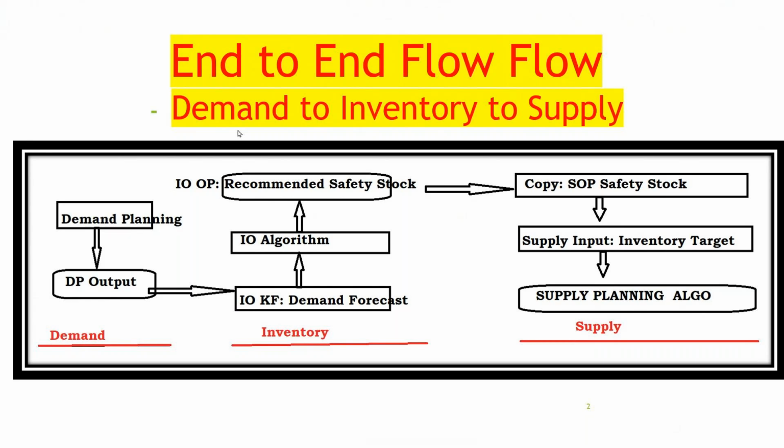One of the important outputs of the inventory module will be the recommended safety stock. Why do we need the safety stock? Because there is uncertainty in the demand. There are various factors in the supply chain which drive the uncertainty.